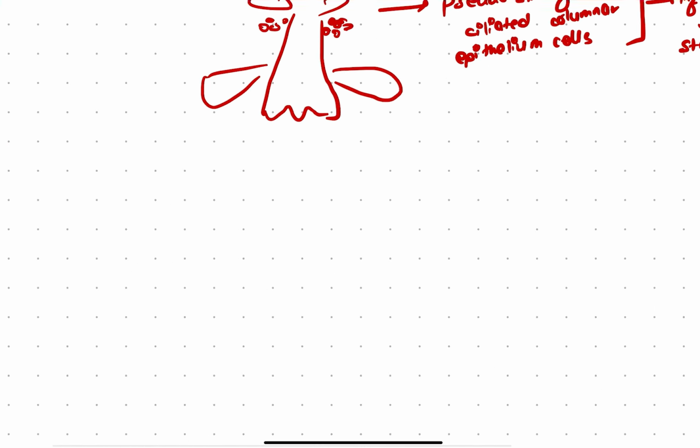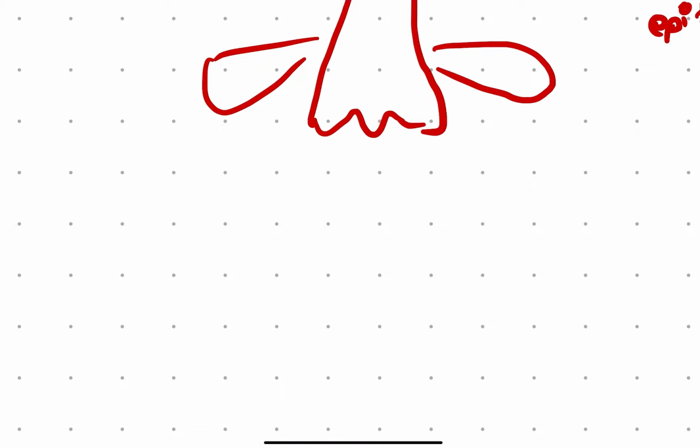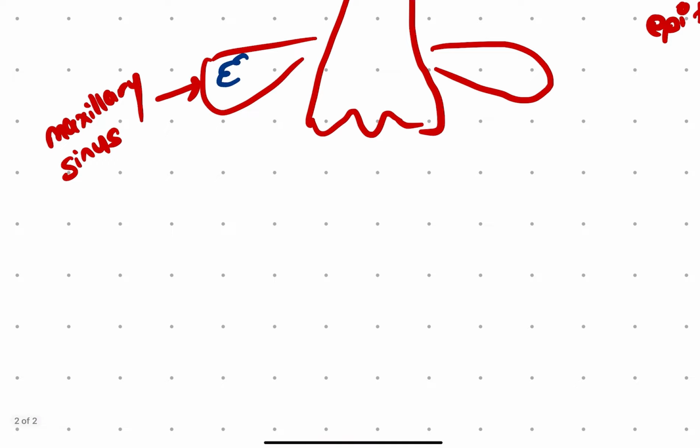Let us talk about this maxillary sinus. When the maxillary sinus undergoes chronic inflammation, the mucosa of the maxillary sinus starts to grow, and it starts to come out from the ostium.